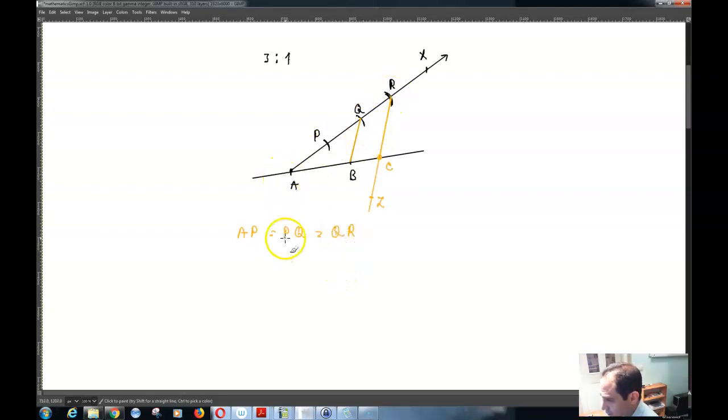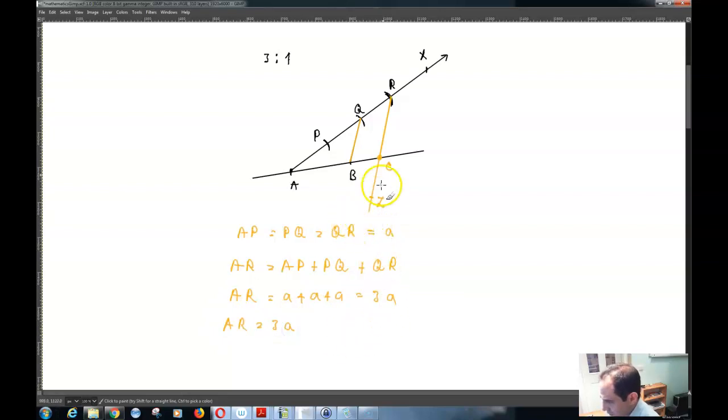And for the same reason, AR is equal to AP plus PQ plus QR. If I call this distance some variable A, then AR would be equal to A plus A plus A, which is equal to 3A. AR is equal to 3A.